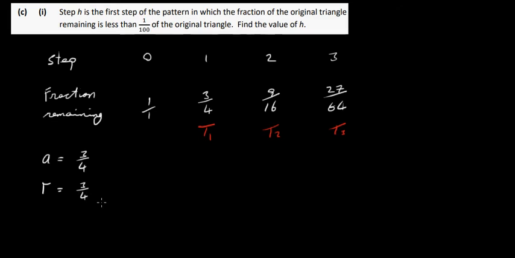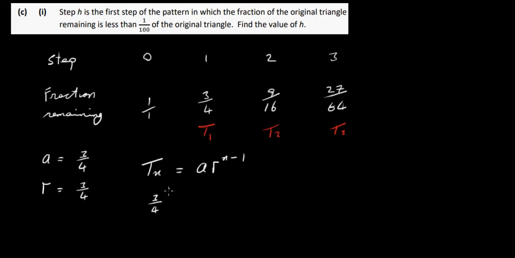So really, if we read the question again, it says step H is the first step of the pattern in which the fraction of the original triangle remaining is less than 1 over 100. So we want less than 1 over 100 somewhere out here, and we want to know which step that is, which n it is, if you like. So if we take for example Tn, Tn is going to be A times R to the power of n minus 1.